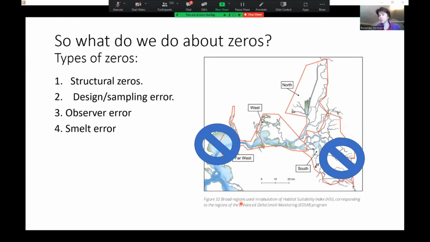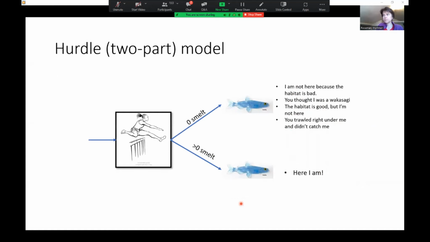And so a regular old model is pretty good at figuring out some of these types of zeros, but not always all of them. So what do we do? Well, one technique you can use is called a hurdle model. Here, we take all our zeros and just do a regular old binomial model or logistic regression on presence absence.